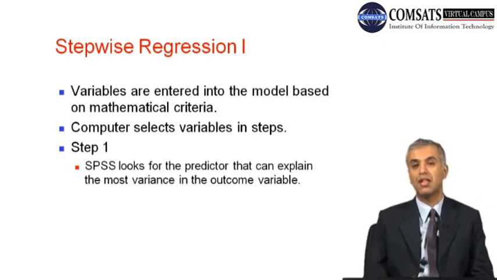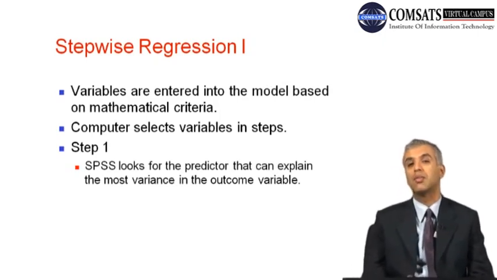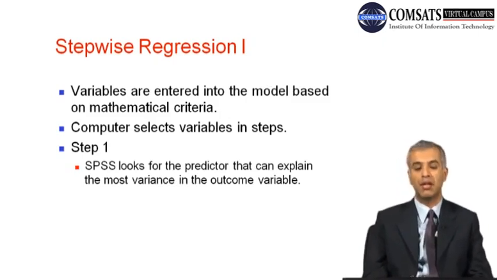The first step is that SPSS looks for the variable that explains the greatest variance in the dependent variable, and in order to do that, SPSS in the background generates the correlation, the partial correlation and semi-partial correlation for this purpose.